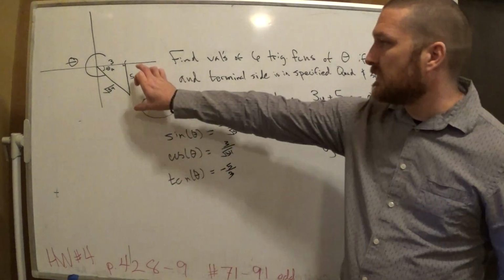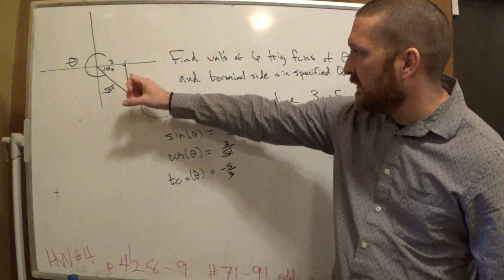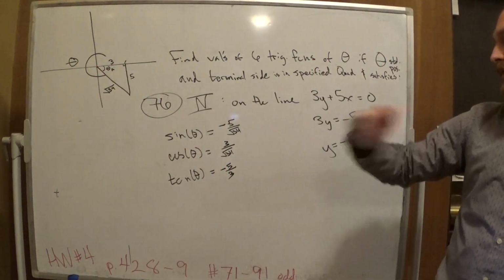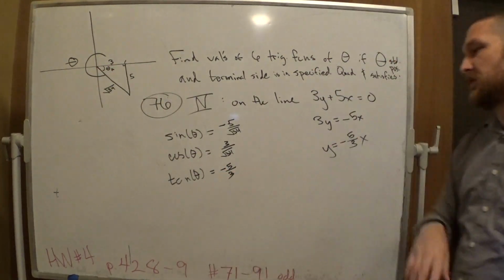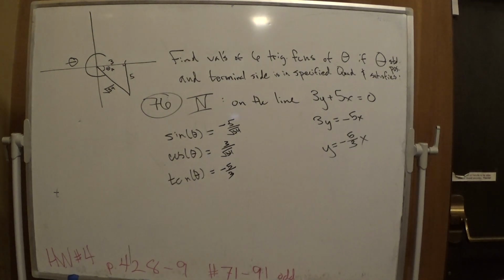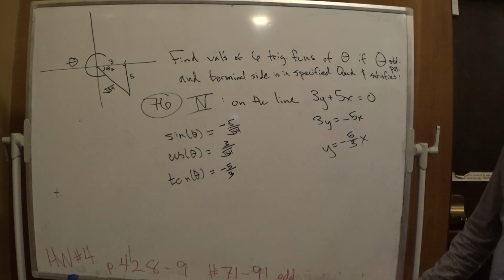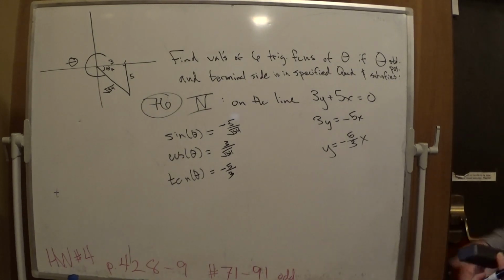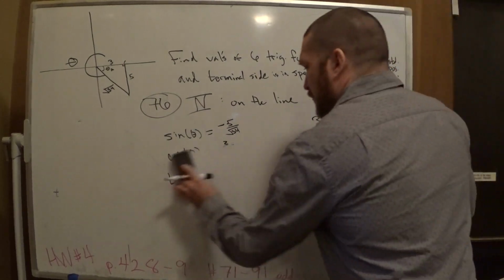This 5 is down here, so it's negative over positive, negative. And then the others are just the reciprocals of those. The signs, the pluses or minuses, should be the same. Any questions on that kind of question? This is what they do with every one of these. It gives you a line, and you do this. All right.